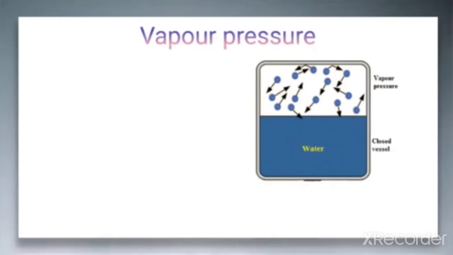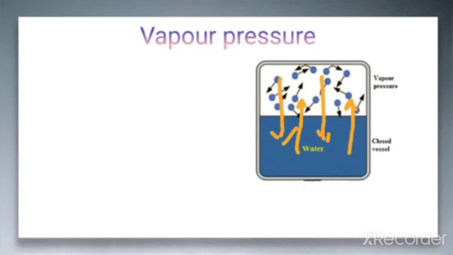That means the molecules are coming down, from the vapor state they are converted into liquid. So finally a stage is reached when the rate of evaporation is equal to the rate of condensation. That means the same number of molecules get condensed as get evaporated. So there is no change in the liquid zone and no change in the vapor zone.